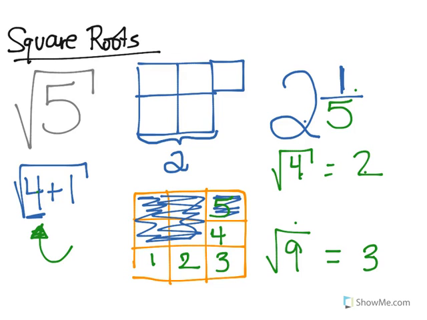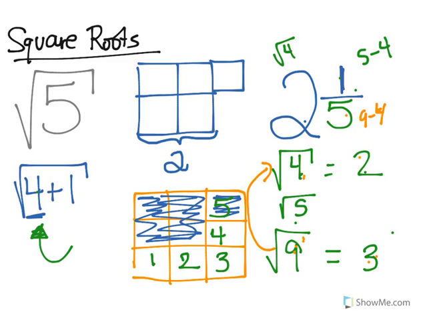So 2 is my whole number because it went in twice. 1 is my remainder because 5 minus 4 is 1. And my denominator is my wholes. How do I go from 2 to 3? So 9 minus 4 is 5. That's the difference between them.